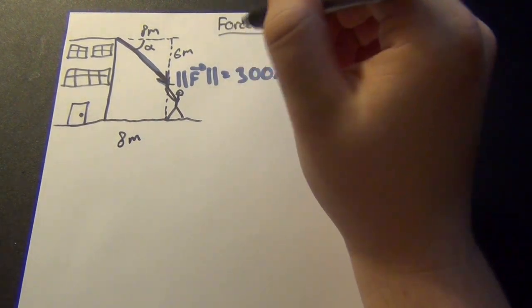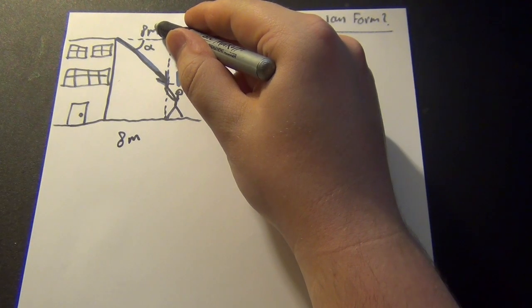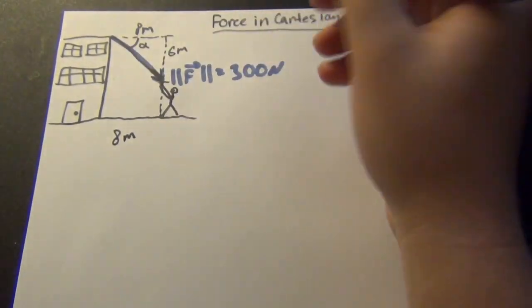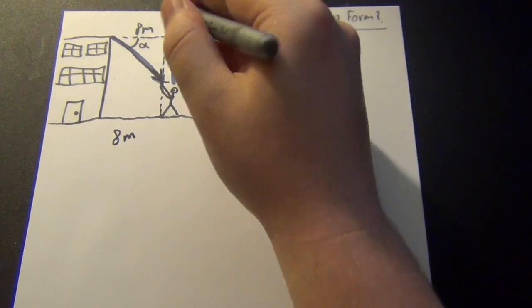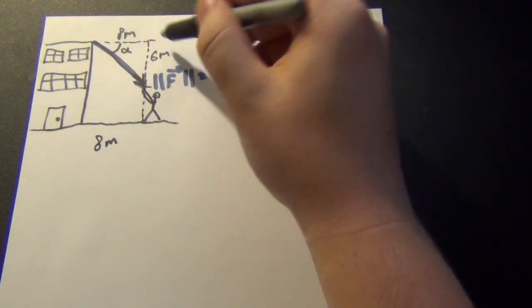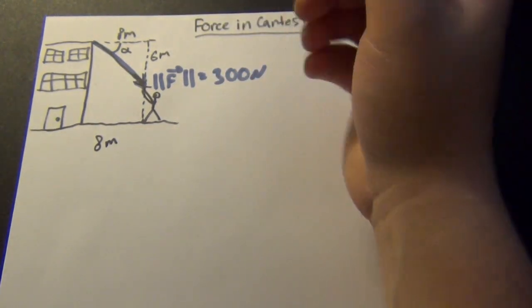But we can still find the vector in Cartesian form, because we know basically the A and B, and we're trying to find C. This is just like a triangle, so we're just trying to find the hypotenuse. And so just from knowing your triangles from geometry, you can just instantly see 8, 6, and you know that that's 3, 4, and then you know from that that's a 3, 4, 5 triangle.